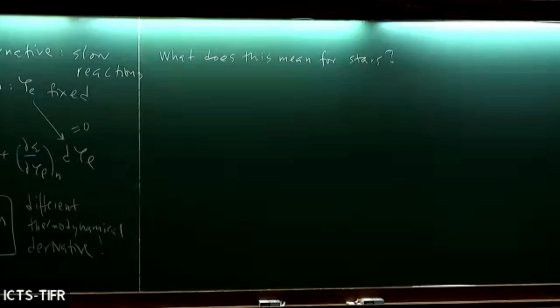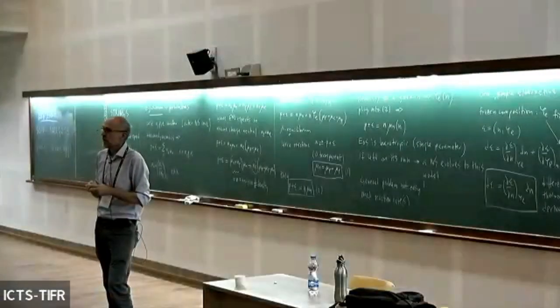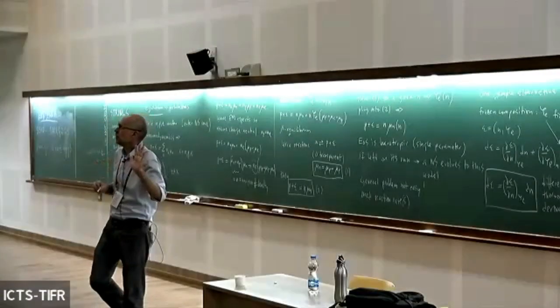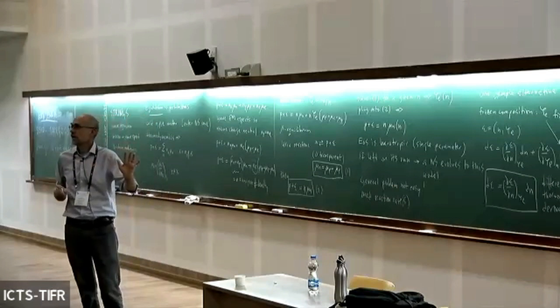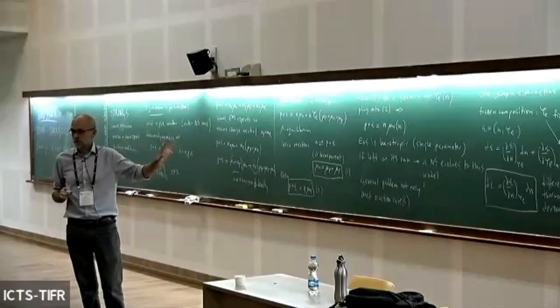So nothing happens like that. Okay. Which is not necessarily correct, right? But there is a limit where the reactions are really, really slow. And in fact, the typical reaction times in a neutron star are really, really slow. These reactions become important if you get into neutron star merger territory and things like that. But typically, they're really, really slow. But I'm going to show you some examples probably on Thursday and Friday where this becomes important.